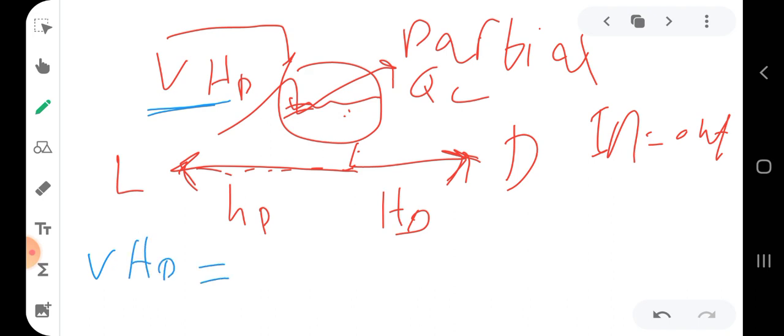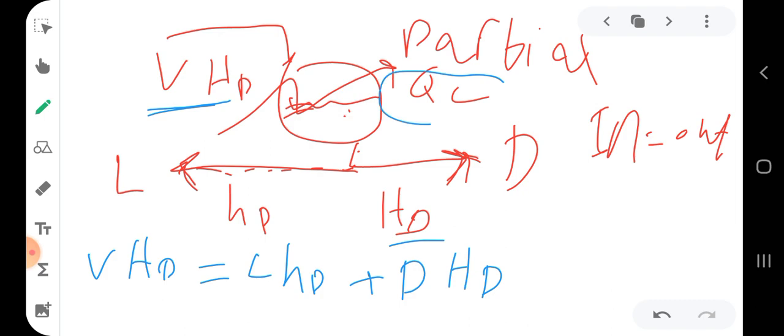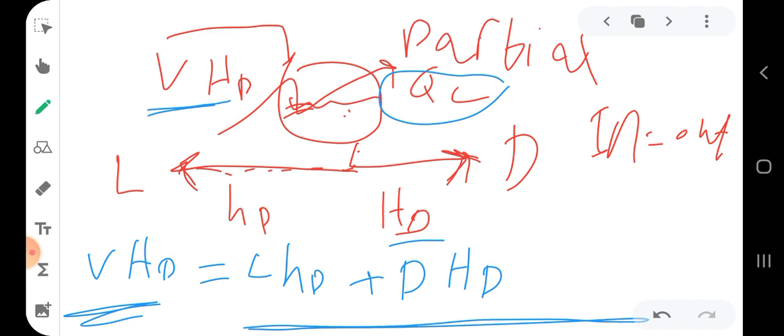This is the inlet, and they are all outlets: the first is LHD, the second is DH capital D, and we have this QC as outlet. So this will be plus QC.